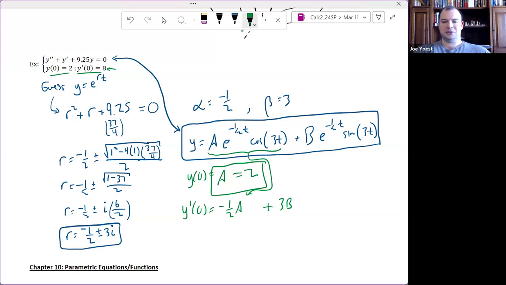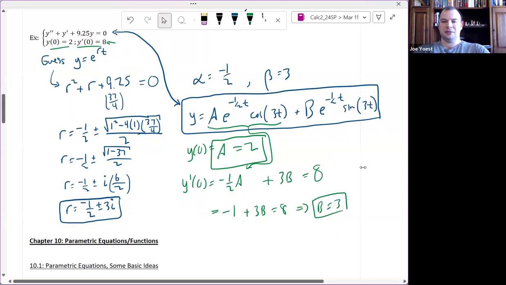So y prime of 0 is negative 1/2 a plus 3b on one hand, and on the other hand, that's got to equal 8. Plugging in a equals 2, we get negative 1 plus 3b equals 8, which says I think that b has to be 3. We get negative 1 plus 9 equals 8, and that looks good.